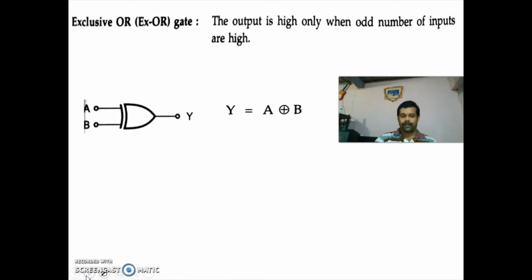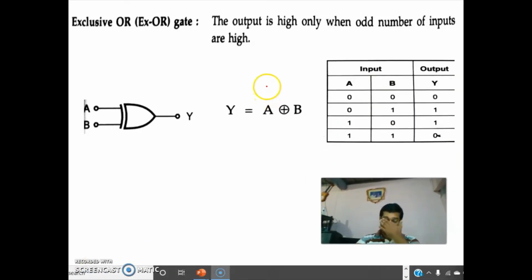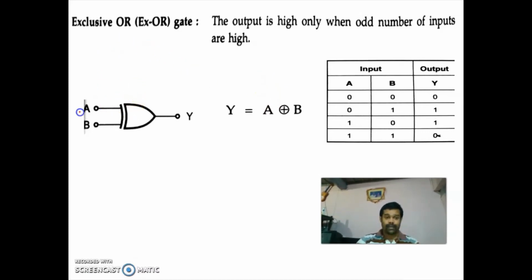So this is a symbol of XOR gate, and this is an expression of XOR gate. This symbol is nothing but XOR.